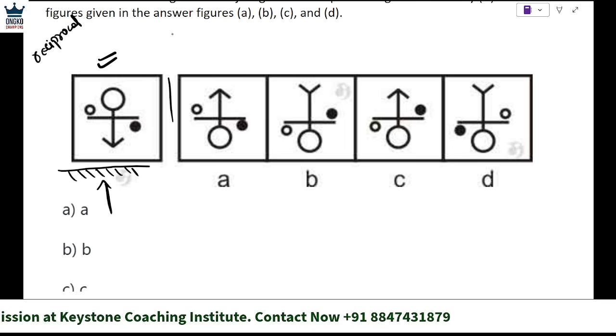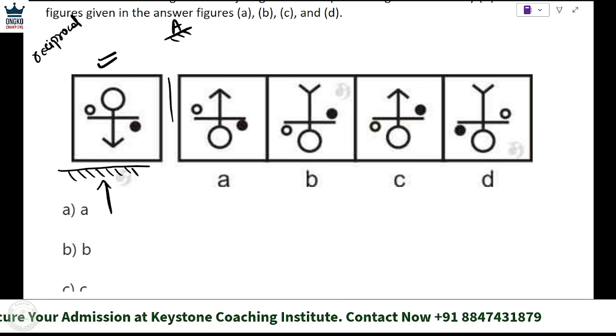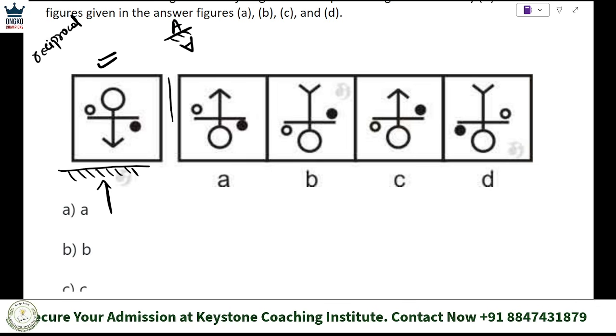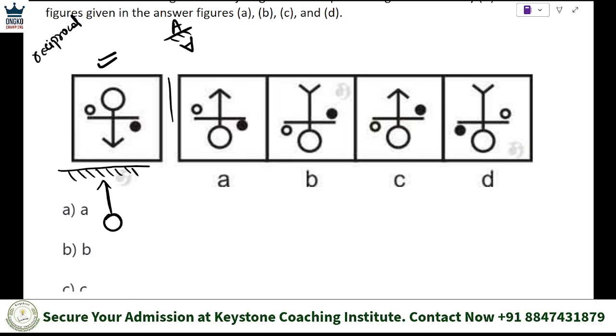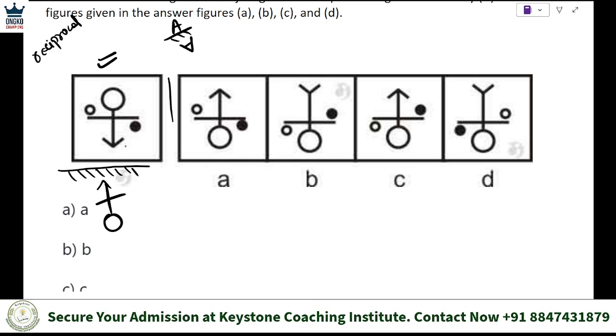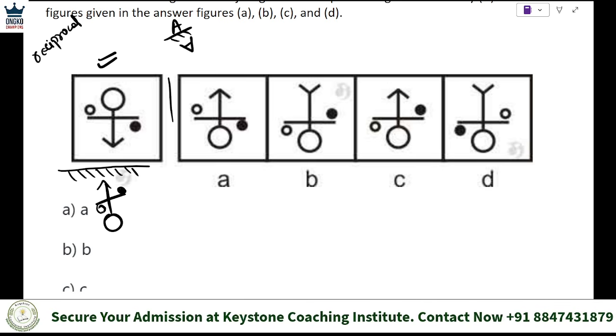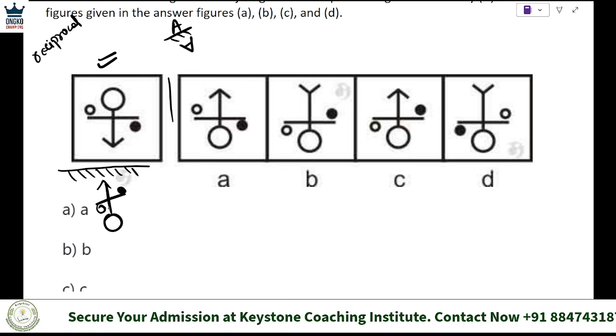The reciprocal is the reverse. If it is A, in water it will be reversed like that. If this is the one, the water reflection in this direction. Here first is A, then this one is here.